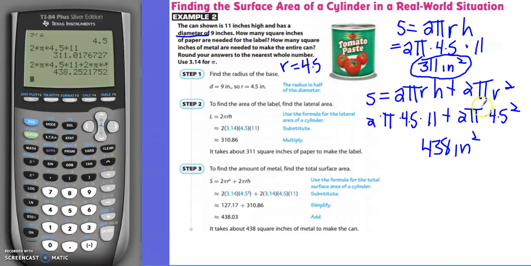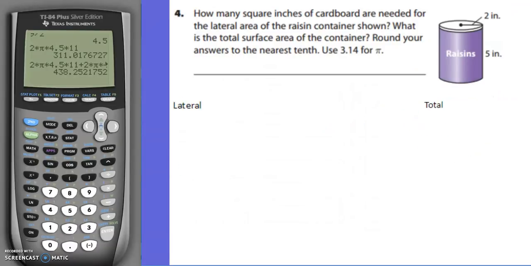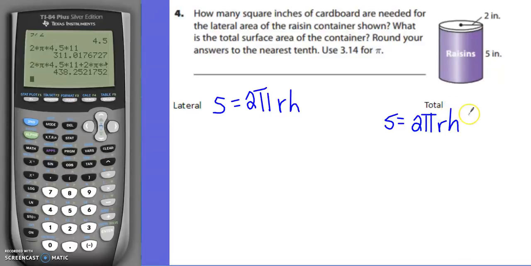Okay, let's take a look at the last one. First step, write down the formula. So we have S equals 2 pi r h, and S equals 2 pi r h plus 2 pi r squared. So this is the radius, so that's good.